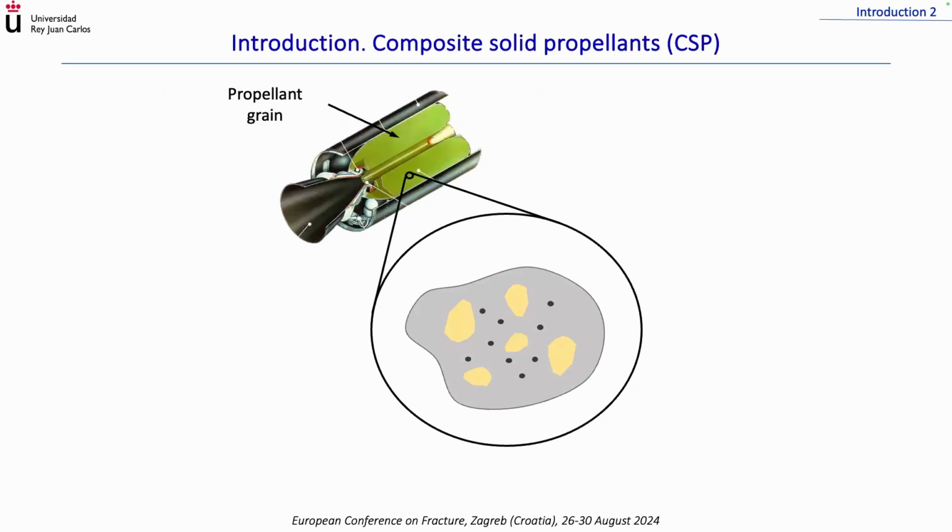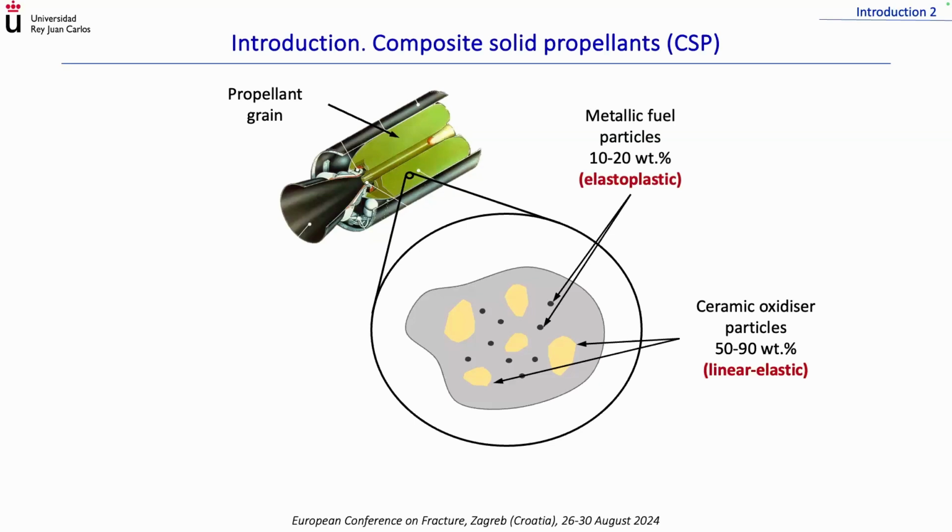Solid propellants are used in propulsion systems in aerospace and defense applications. And the most popular solid propellants are the composite solid propellants. These are heterogeneous materials composed of ceramic oxidizing particles that supply large amounts of oxygen during the combustion process in operation, metallic particles to enhance the combustion process, and an elastomeric matrix, which is normally used to give shape and a structural entity to this energetic material.